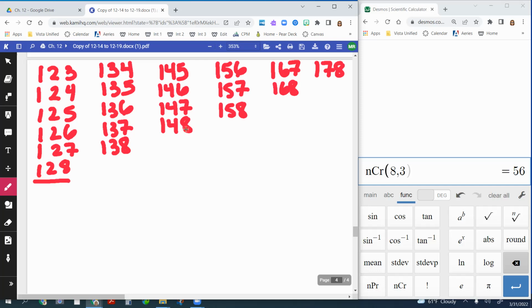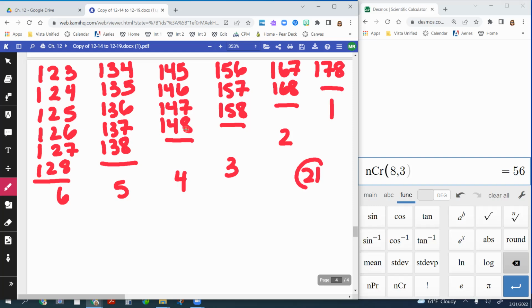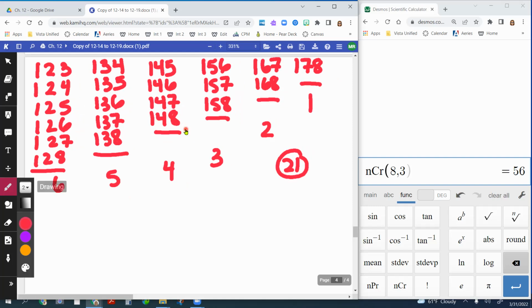Okay, so I've got 6 here, 5 here, 4 here, 3 here, 2 here, 1. And when I add that up, that's going to be a total of 21 for that situation.